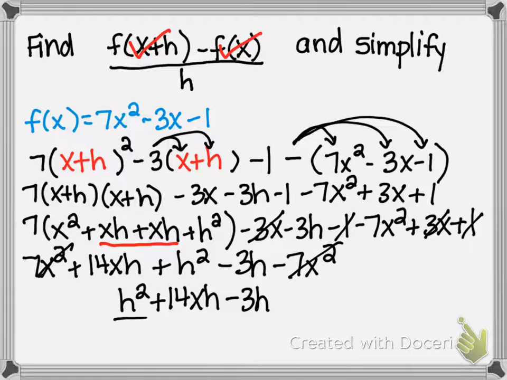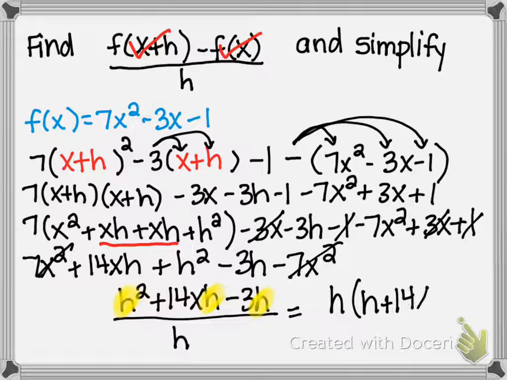Now what I'm going to do is divide this all by h. I should see that I have an h here, an h here, and an h here, which means I can GCF an h out. So I have h, and that's going to leave me with h plus 14x minus 3, divided by h.